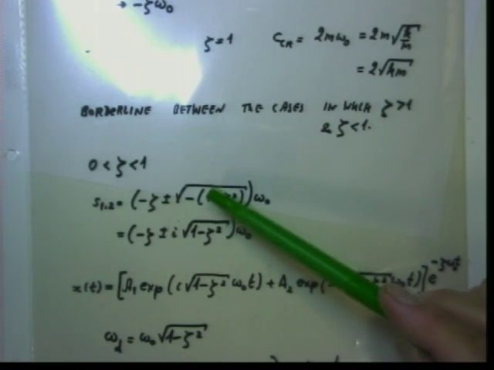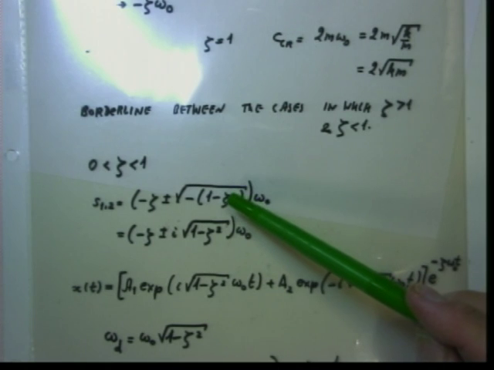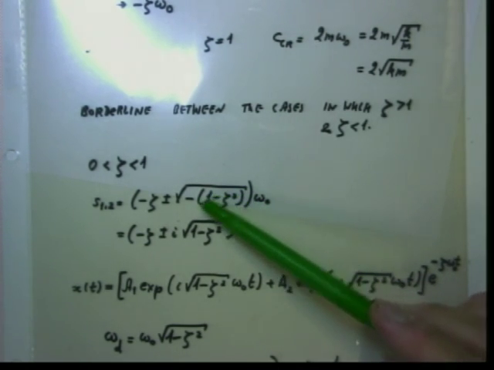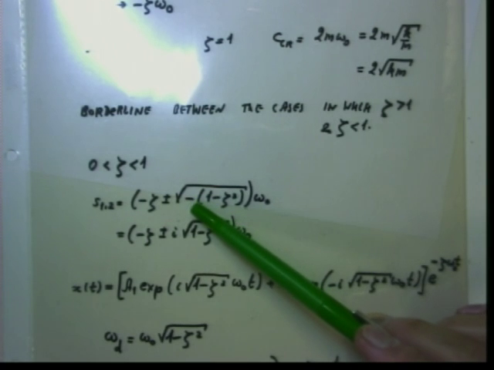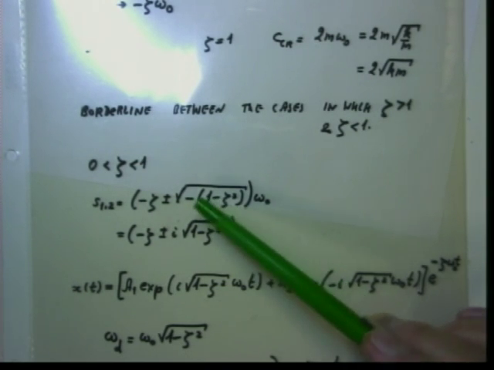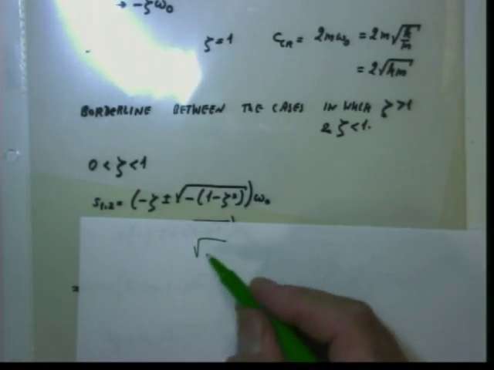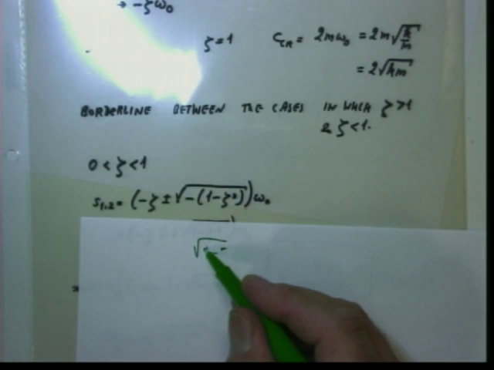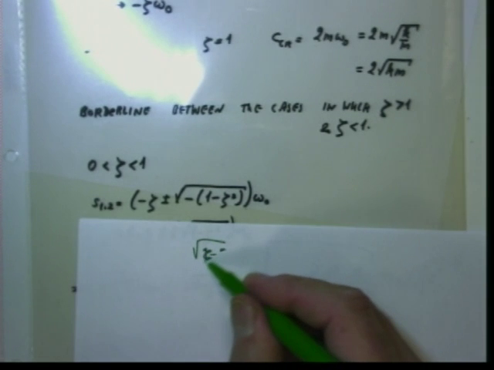Then s1,2 equals minus zeta plus or minus. Here I had the square root of zeta square minus 1, but I know that zeta is smaller than 1, so I would like to represent it differently.